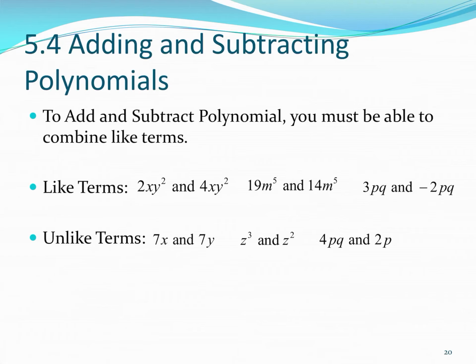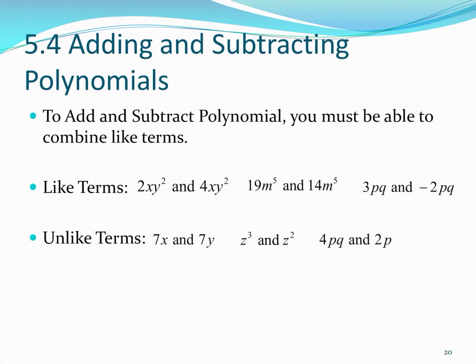Okay, so some of this stuff you're going to have seen before, some of it may be new to you. We're going to start with the idea of combining like terms. This is something that you have done for a while. When we solved equations, you combined like terms. When we simplified expressions, you combined like terms.